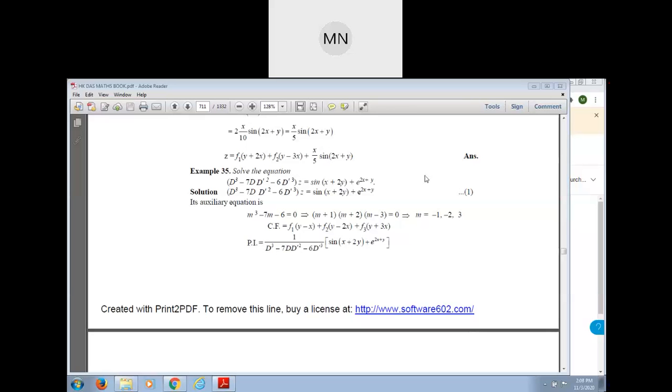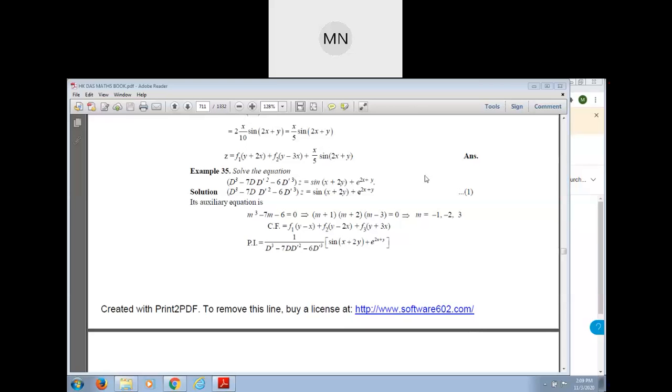Here, what is f of x y? It is sine of x plus twice y plus e to the power twice x plus y, and these are an addition of two functions.